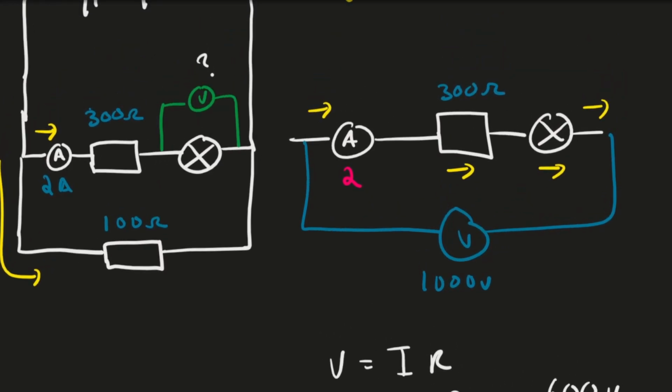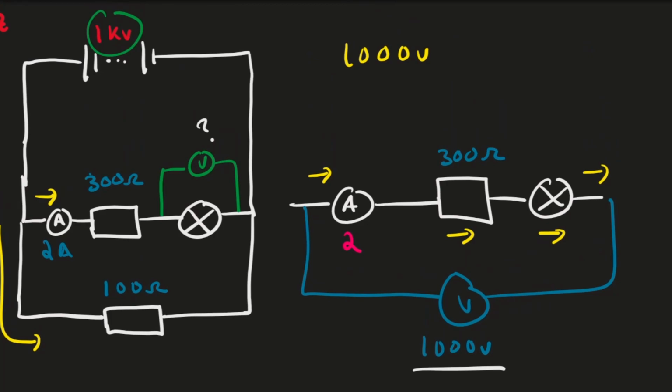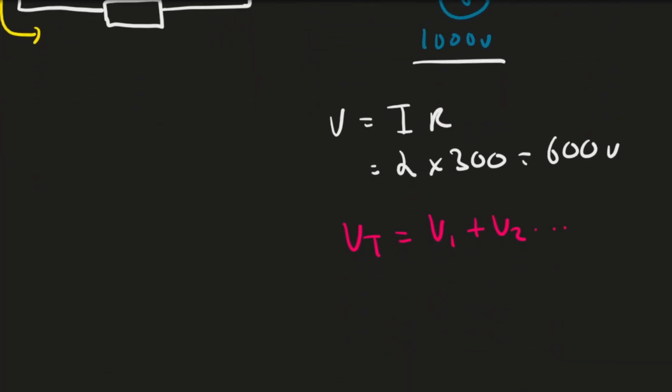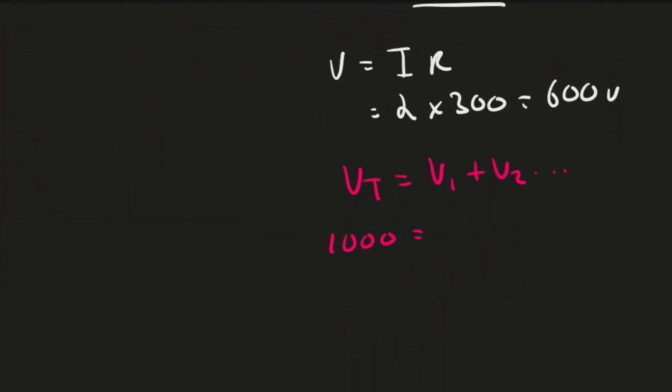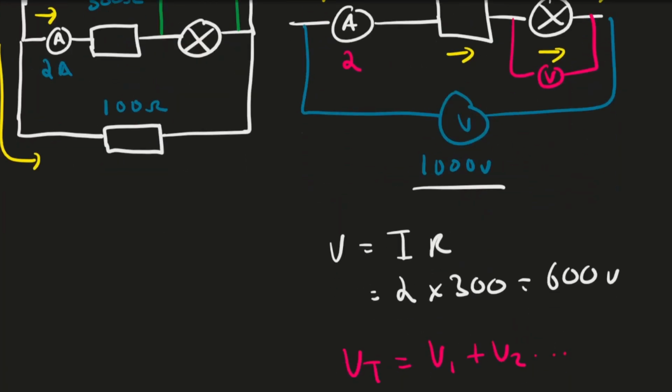Now we have the total potential difference across these components, and the potential difference dropped across this resistor. If we remember what we know about series circuits, the total voltage is equal to the sum of the potential differences of the individual components. In this case, the total was 1000 volts, so that has to equal the voltage across the resistor, 600 volts, plus the potential difference across the second component, the lamp, which is what we're trying to find out.